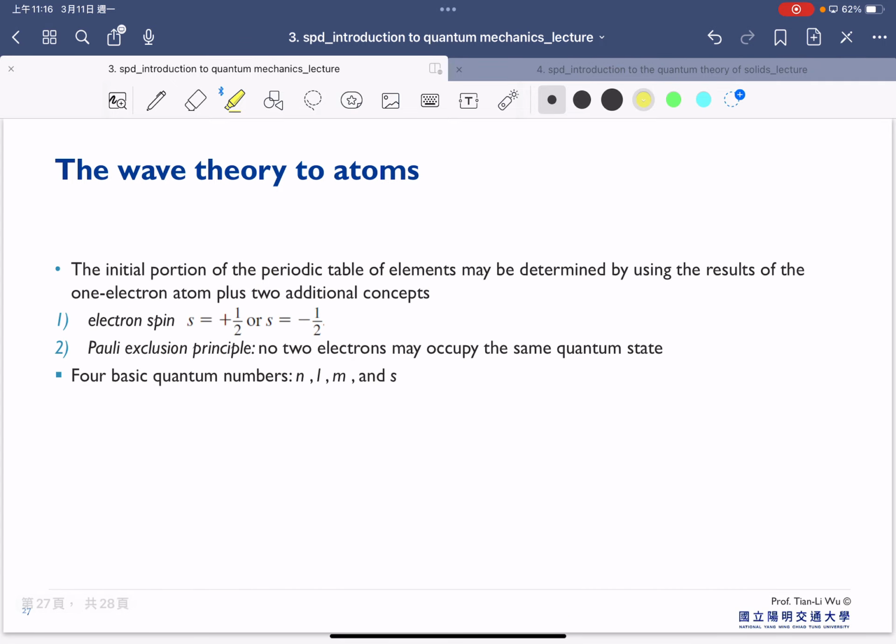This is something additional, related to extending our case to three dimensions for atoms. Therefore the initial portion of the periodic table of elements might be determined by using the result of the one-electron atom plus two additional concepts, which are spin and the Pauli exclusion principle, leading in the end to the four quantum numbers that are shown here.